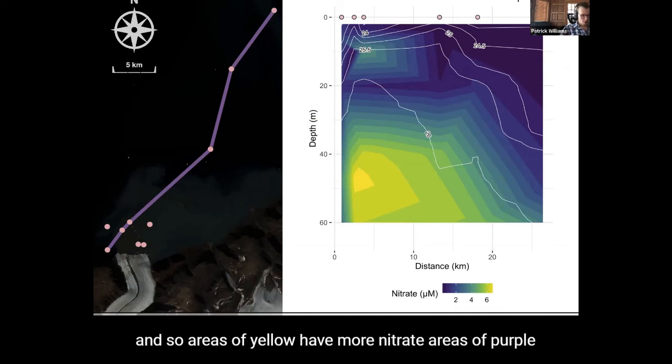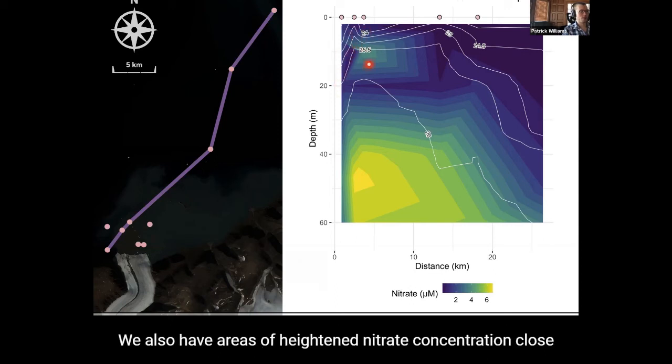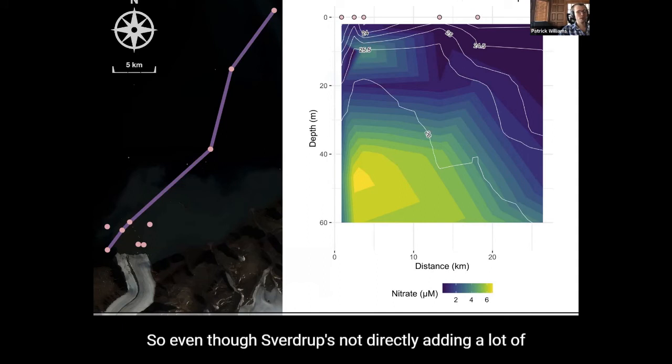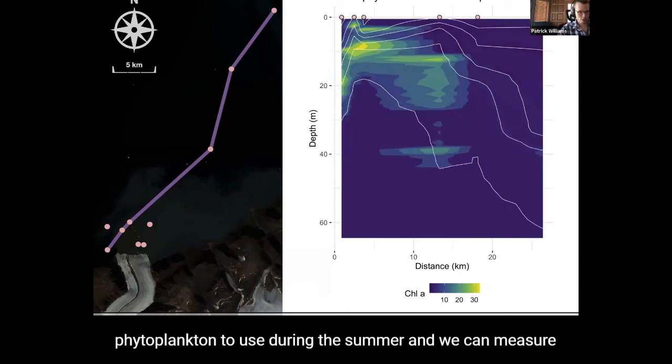Areas of yellow have more nitrate, areas of purple have less, and there's more nitrate at depth as expected, but also near the glacier, where we have these areas of upsloping isopycnals, we also have areas of heightened nitrate concentration close to the terminus. So even though Sphere Drop's not directly adding a lot of nutrients in glacial melt, it is bringing deep water nutrients up to the surface for phytoplankton to use during the summer. And we can measure that.